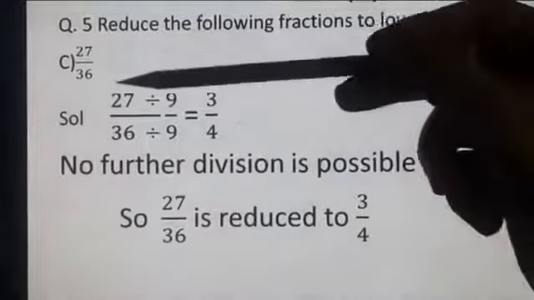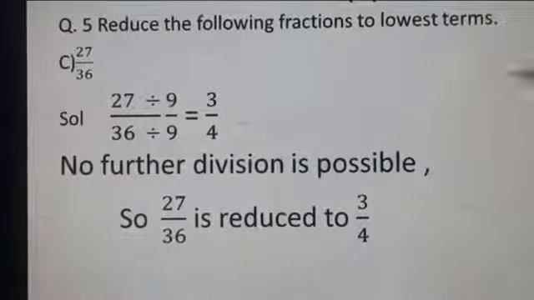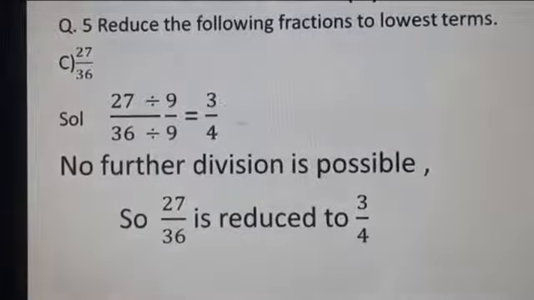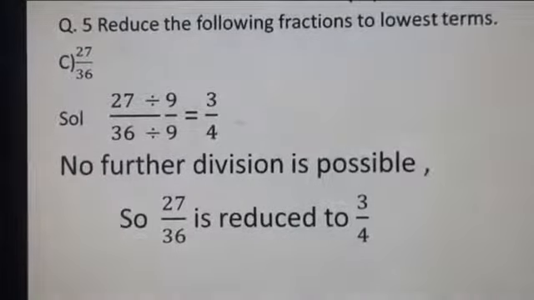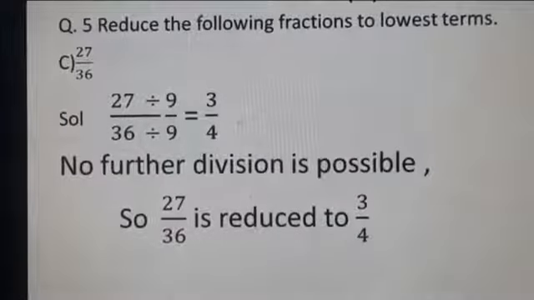So our fraction 27 upon 36 will become 3 upon 4. Now 3 and 4: 3 is an odd number, 4 is an even number, and no common factor is there. So no further division is possible. So 27 upon 36 is reduced to 3 upon 4.